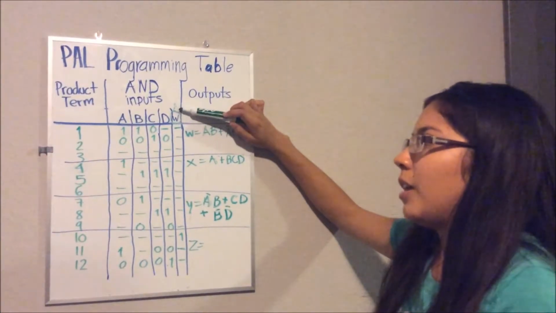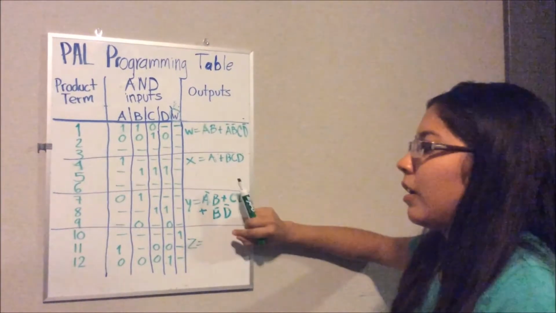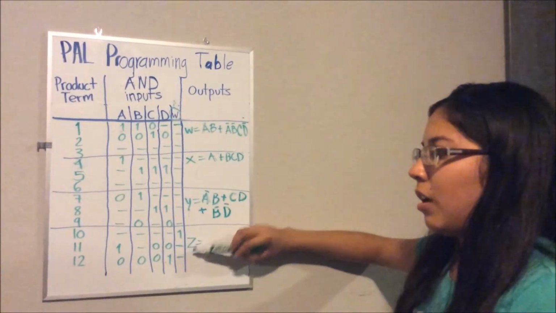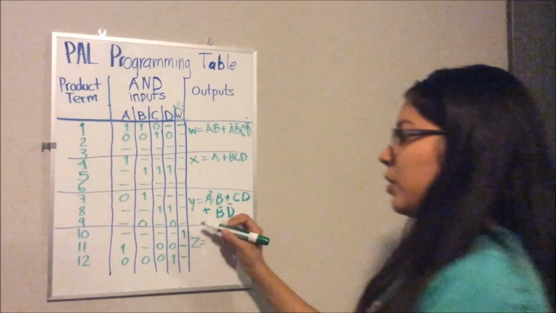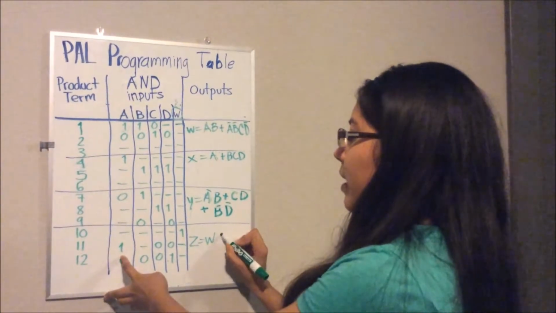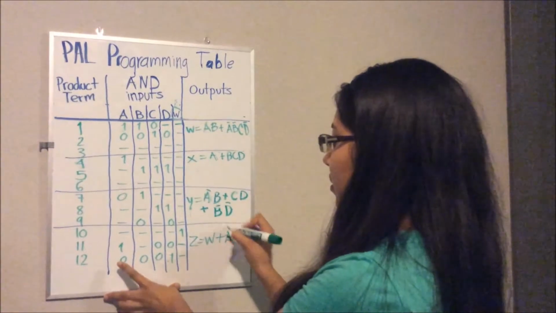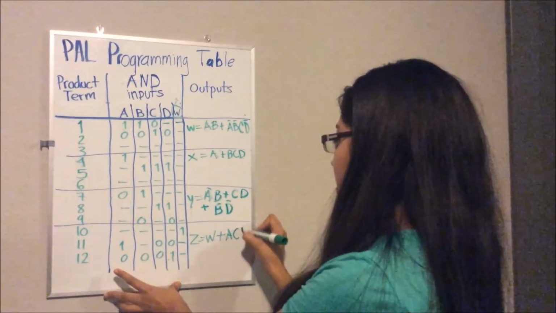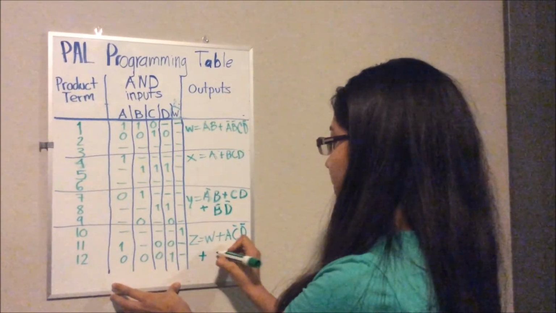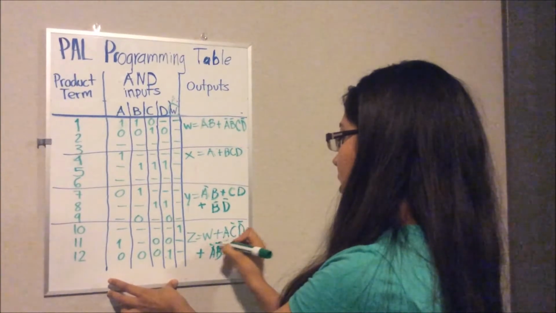So here we add the input W in order to make the equation of the fourth output smaller. So here we're gonna use W plus A C D negated plus A B C negated.